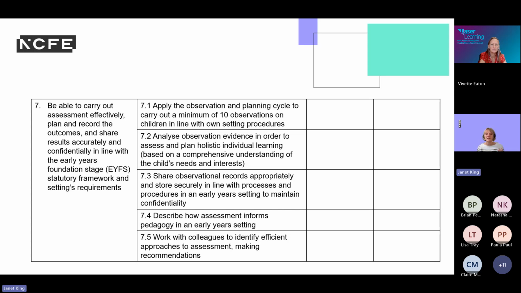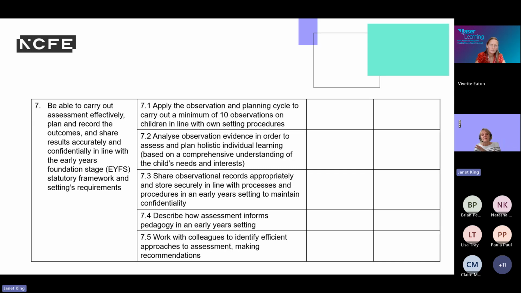So by the end of the training, we are ready to adapt and adopt the way that observations are done within that setting. We're ready, we've made those connections. We're not leaping and leaving a gap in our own knowledge and skill, which would be unfair for that individual. In their training, they need to have that time.